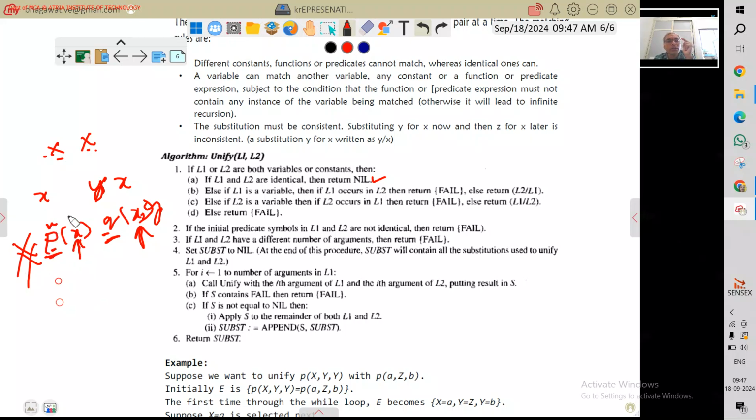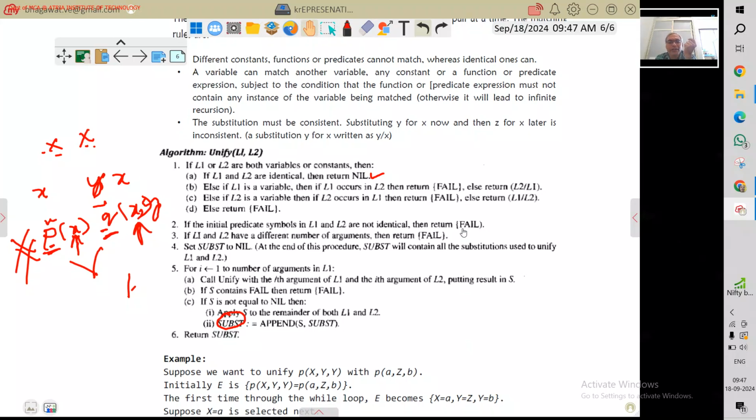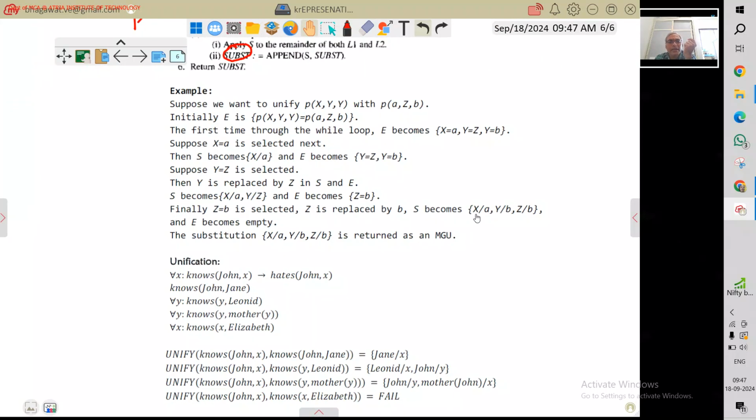Now if both predicates match and the number of arguments is also the same, then you keep on replacing the other variable which is present in the first literal. Whenever we unify that, we add it into this particular subset and we append that particular subset. So this is what the unification algorithm says.